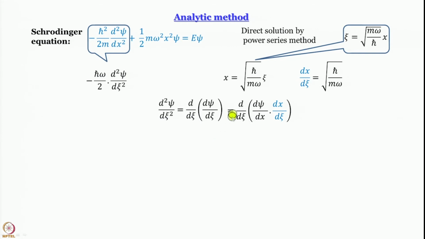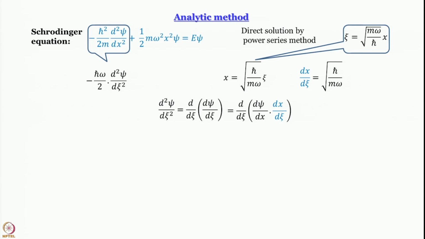D psi d xi is d psi dx multiplied by dx d xi. I hope all of us are familiar with changing the variable during differentiation. This is how we do it. So, d psi d xi is equal to d psi dx multiplied by dx d xi, that is what we are going to use. Okay.